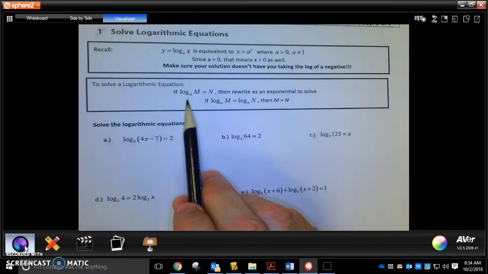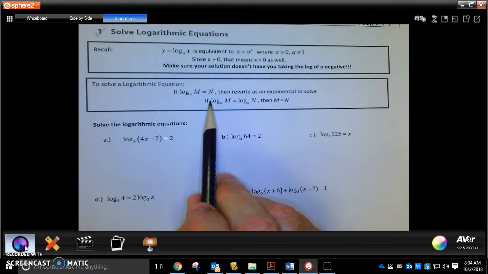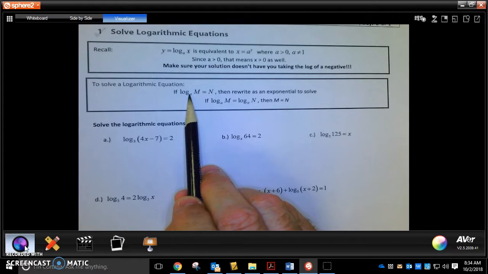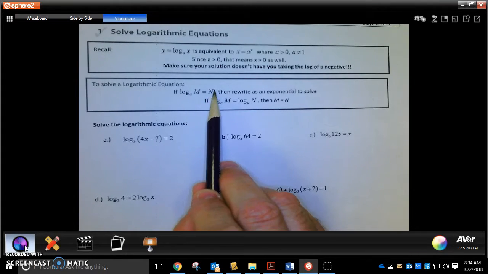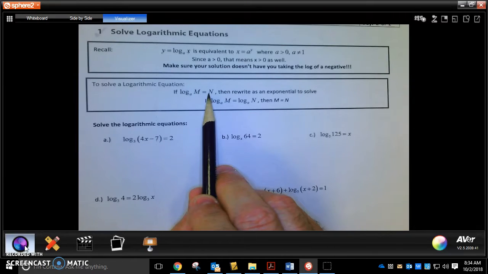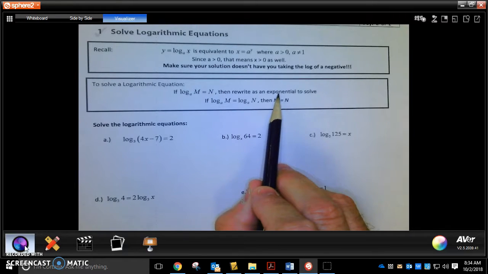All right, so there's kind of two situations you're going to run into. Either we're going to have a log equals, and then there'll be like a number over here that's not a logarithm. And if that's the situation we're in, then we're going to rewrite as an exponential, and then we'll solve it.